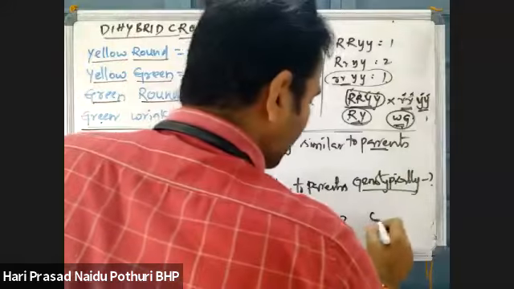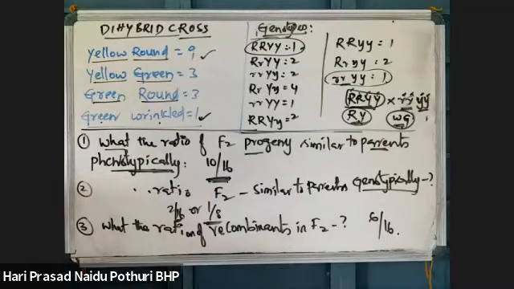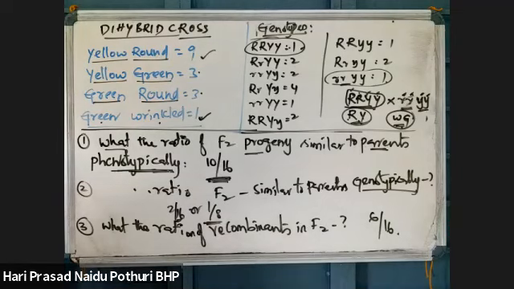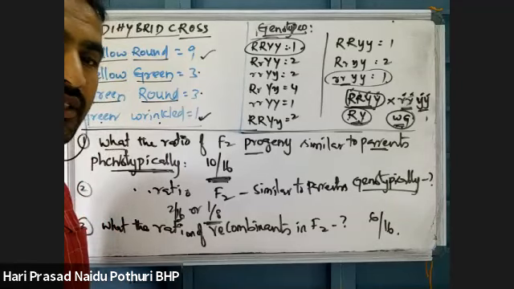So that is 6 by 16. 6 by 16 is the ratio of recombinants. And 6 by 16 ratio, I think 37 will come. 6.25 into 6, that will come, I think.